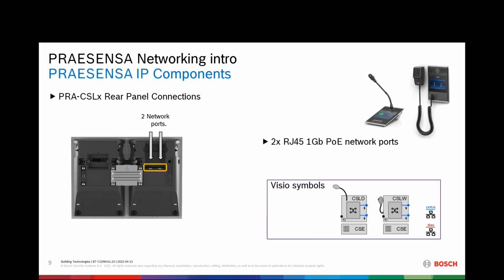So these are the visual symbols. We have here the call station with this gooseneck again, with the 2 CAT5 port indicators in blue, and an indication here of power. That means that this is PoE, and it needs to be powered by power over Ethernet.